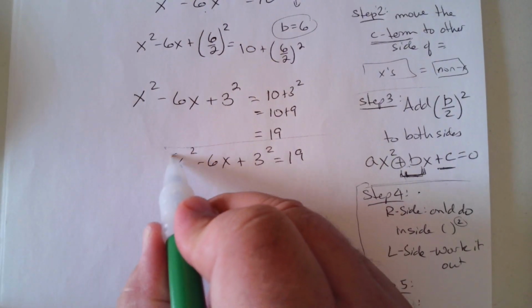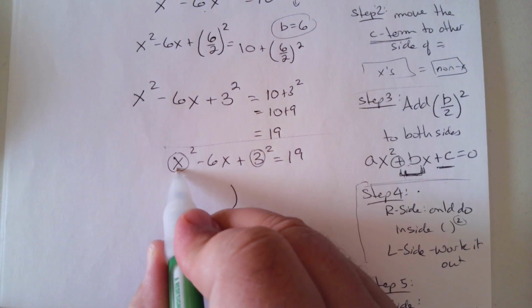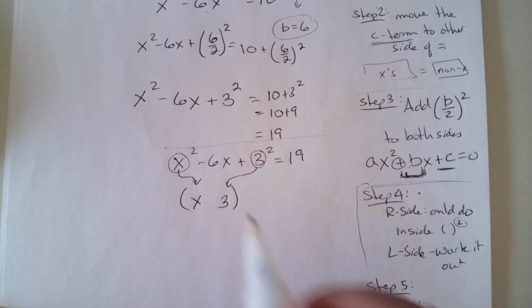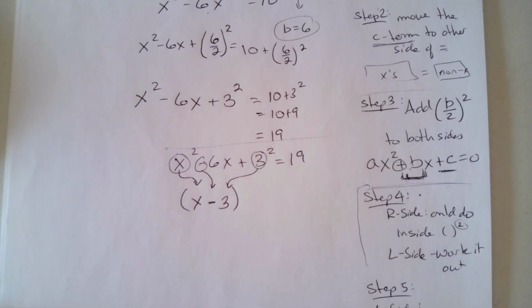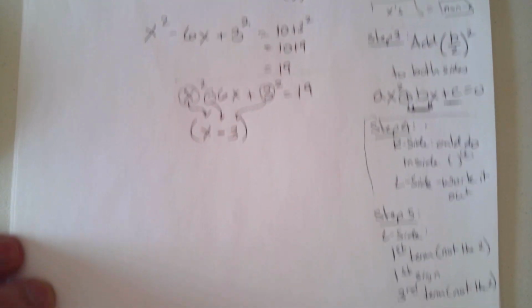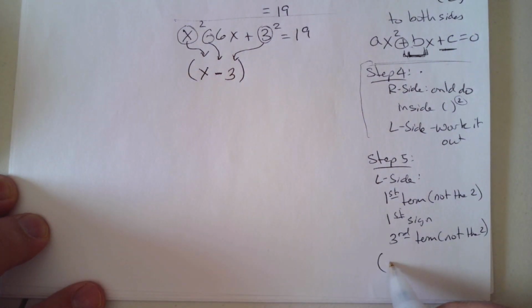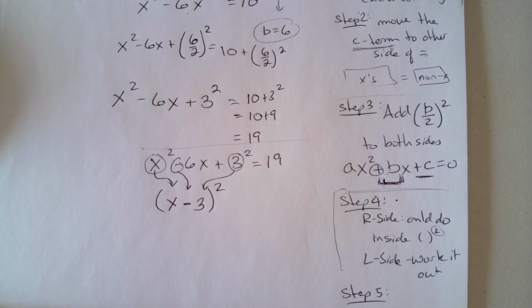In other words, take whatever's under the square and put them inside a parenthesis. And whatever the first sign is, that goes between them. So first term, not square, put them inside and then square. Equals 19.